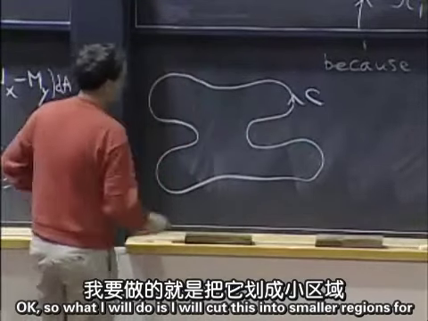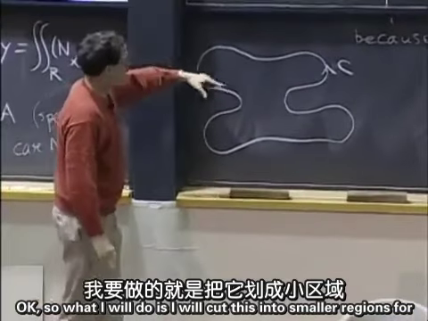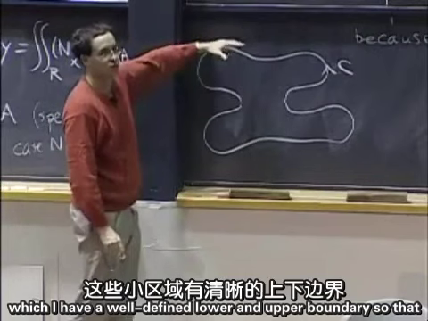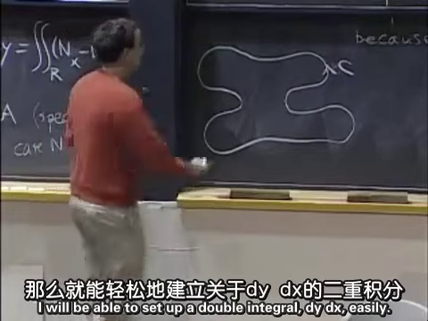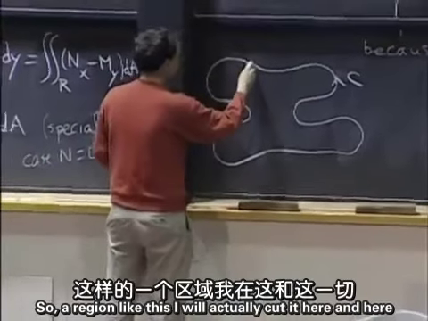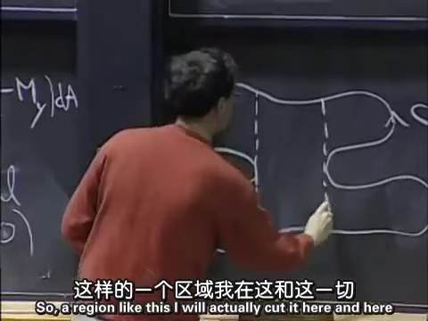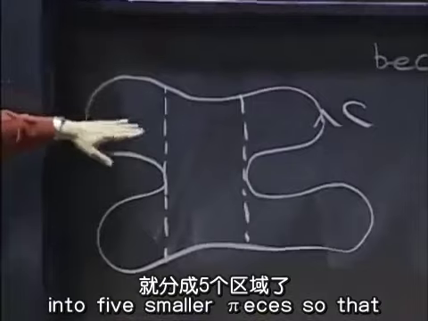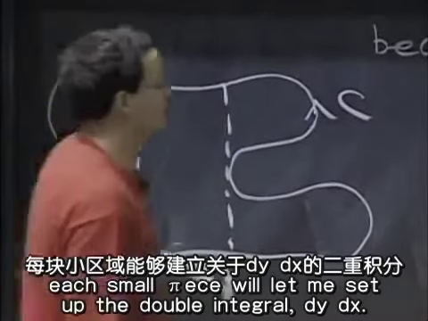Okay, so what I will do is I will cut this into smaller regions for which I have a well-defined lower and upper boundary, so that I will be able to set up a double integral dy dx easily. So a region like this, I will actually cut it here, here, and here into 5 smaller pieces, so that each small piece will let me set up the double integral dy dx.